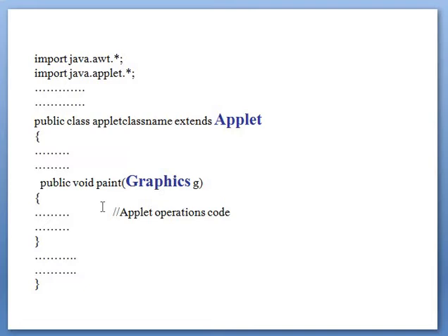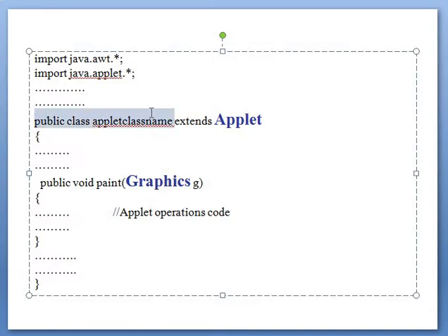Many different methods are there: init, start, stop and destroy methods, which you will see later. The public class is a subclass of the Applet class. Whatever name you give your applet class, it is a subclass of Applet.